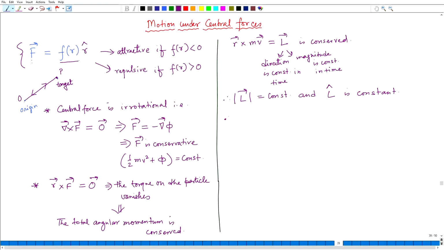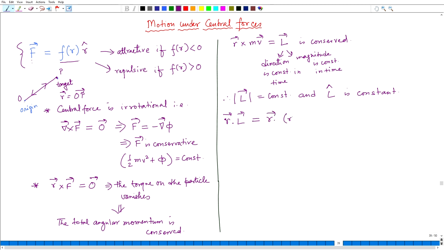Now, if we do something very simple but interesting, I take a dot product of this L vector with r. R is the position vector of the particle, that is the OP vector. Then what will that be?